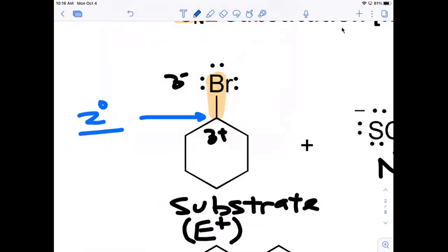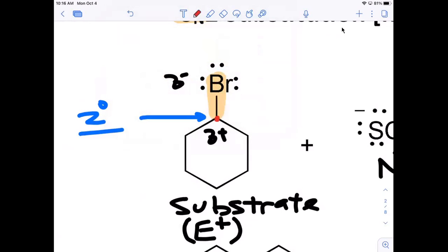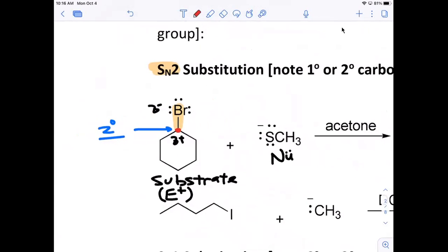Everybody agree that that's a secondary carbon? Are you saying there's carbon on the left and the right side of where bromine's attached? Yes. Okay. And this carbon right here is the reactive site, so we're calling that carbon secondary.